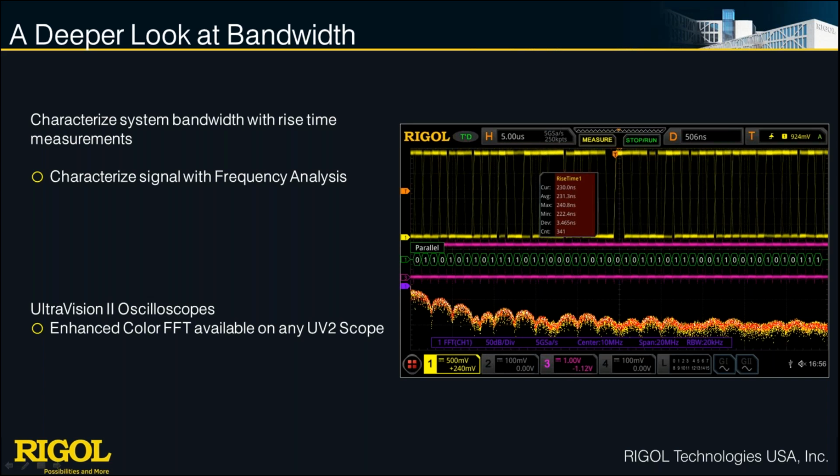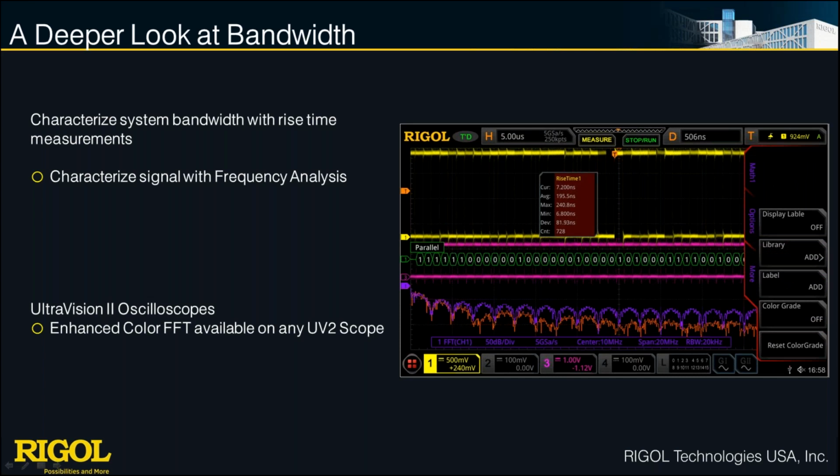Here we're using the Keller FFT capability in the bottom third of the display to capture the bandwidth of this slower signal, the initial signal we started with, about 230 to 240 nanoseconds of rise time. We can see the bandwidth envelope extends over 20 megahertz or so.